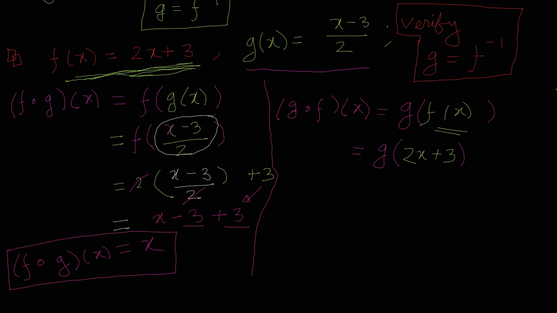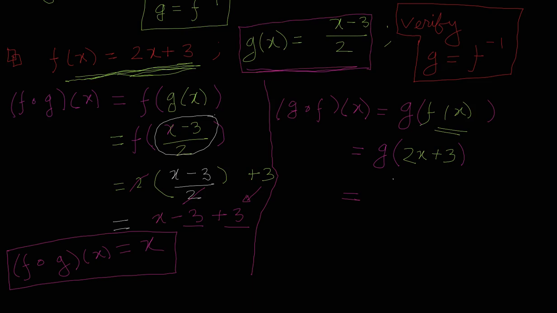Now let's see what I have. I have only function g of x. Now what is the definition of function g of x, guys? The definition of function g of x is x minus 3 over 2.